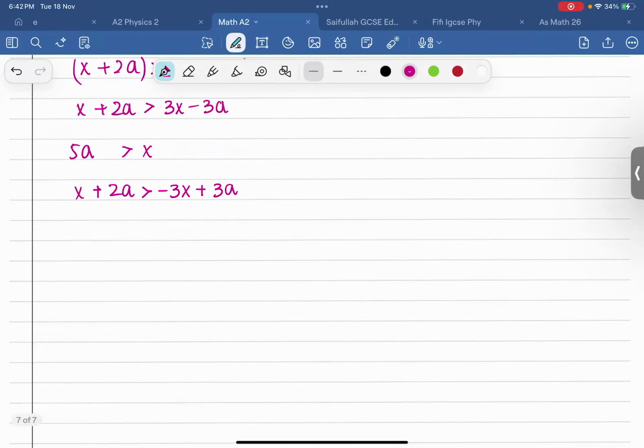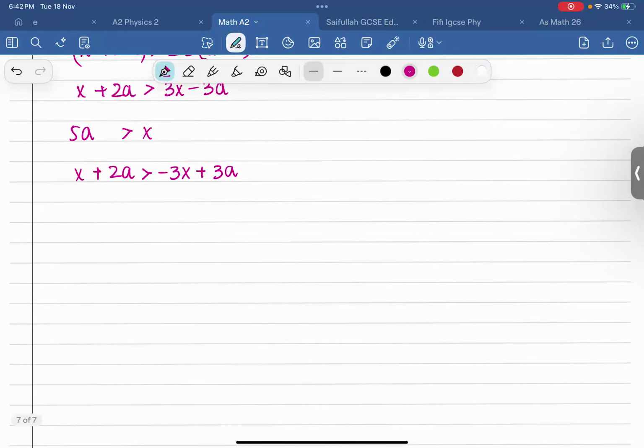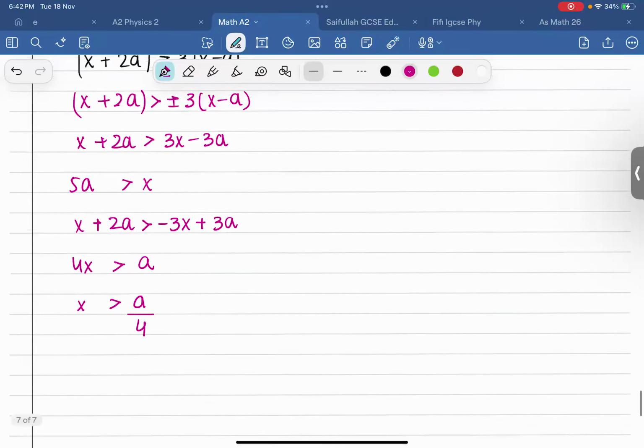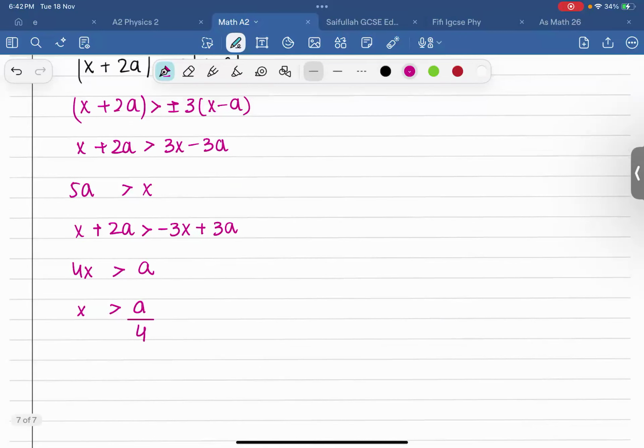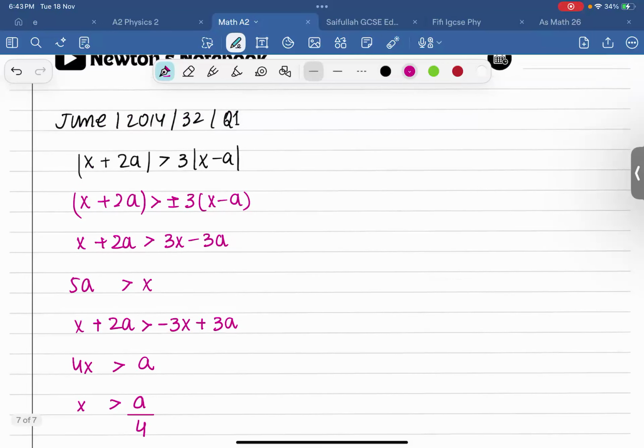So solving that, it will give me 4x greater than a, so x is greater than a over 4, right? So I'm getting two answers, a over 4, right?